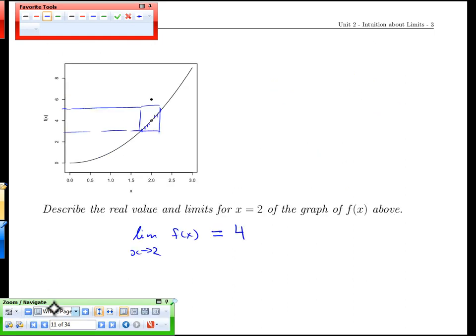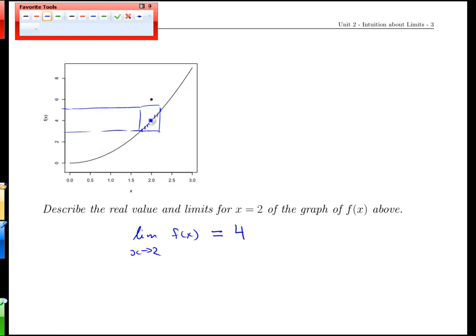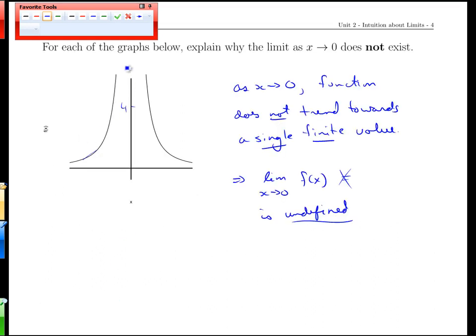In the last example, if we followed the graph, we would get closer and closer to a y value of 4, and continuing the line would end us up at that nice single finite value, and so the limit exists. The limit of f of x as x goes to 2 was a single value. When we have an asymptote at the x value we're interested in, then we're going to have a limit that's undefined.